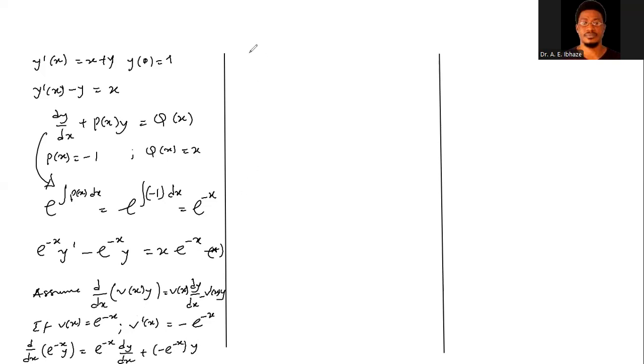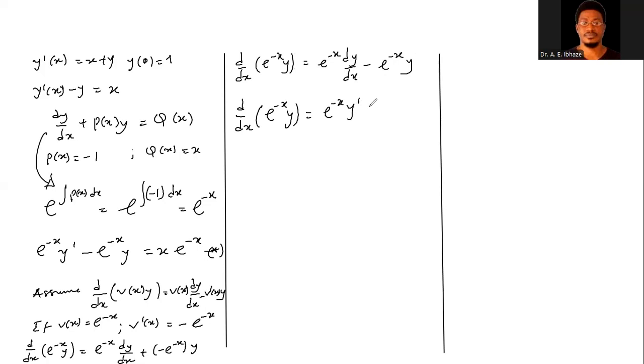Okay? And now this will reduce to d dx of e to the minus x y being the same as e to the minus x dy dx minus, it's minus times plus, e to the minus x y. Therefore, d dx of e to the minus x y is the same as e to the minus x y prime minus e to the minus x y. So let's say this is equation double star.